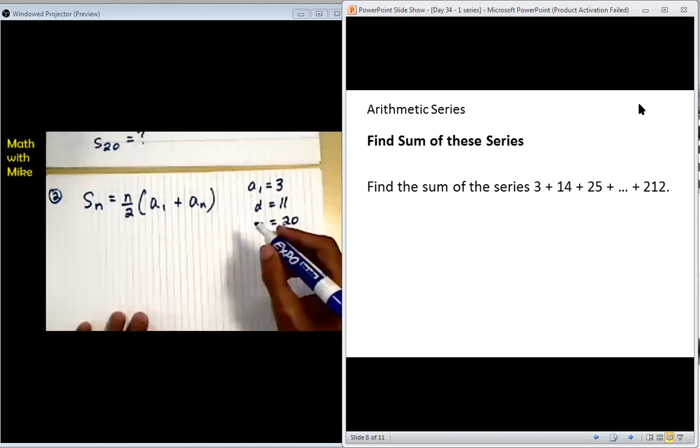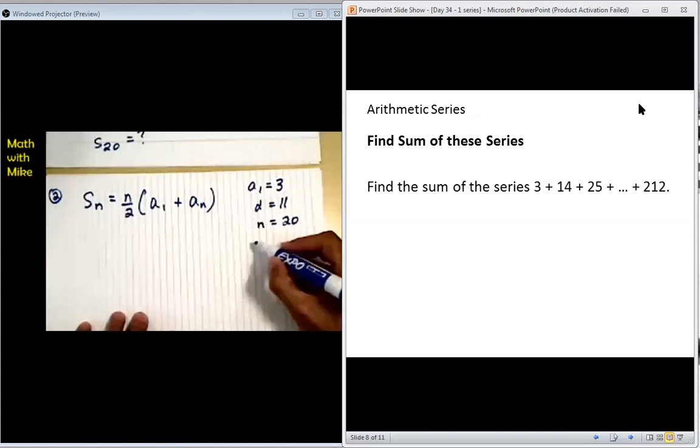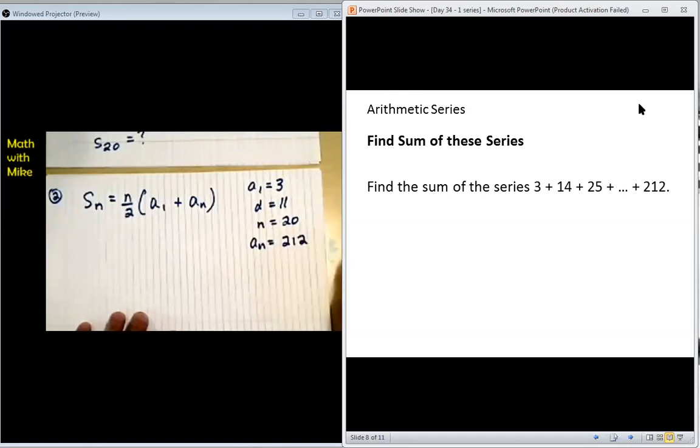What else? An. That was the point of this question, just to use this other formula. 212. The last term, right?